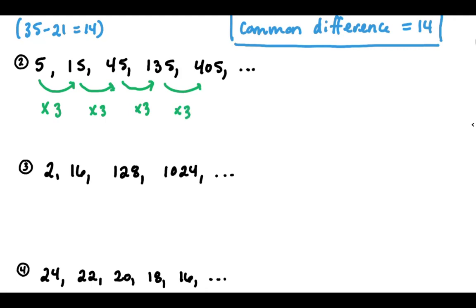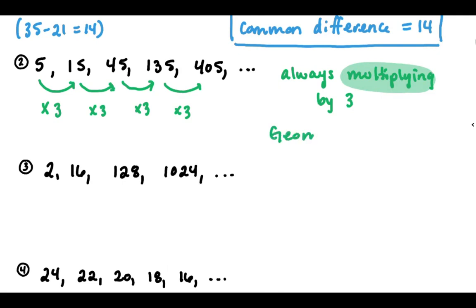So in this case, we're always multiplying 3. Keyword here is multiply. Our multiplication sequence is a geometric. And our common ratio is 3.